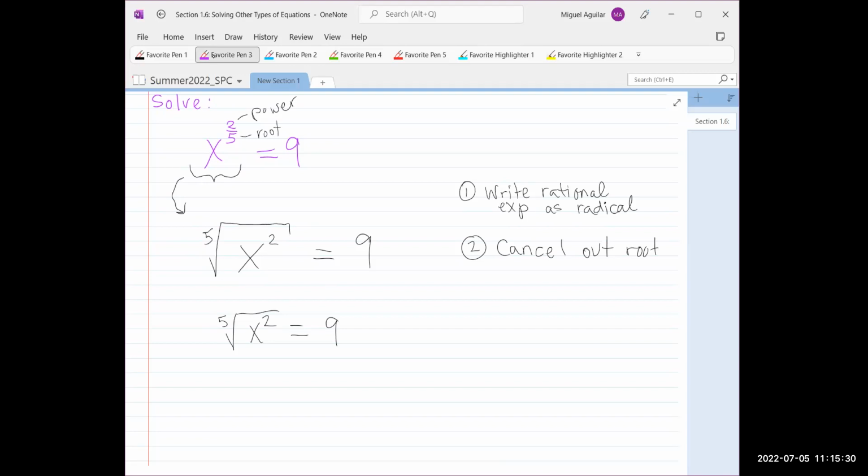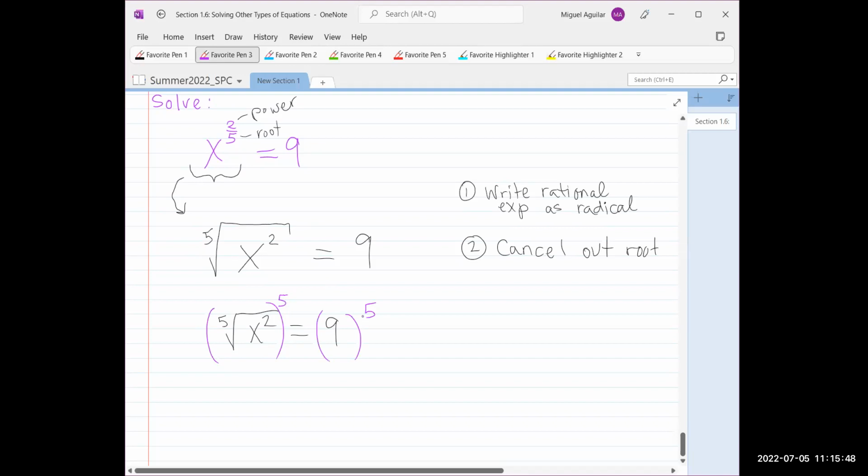Would it be 5? Yeah, right. Roots and powers cancel each other out. So if you have a fifth root, then the fifth power is going to cancel it out. So what I'm going to do is take this expression and raise it to the fifth power. Got to do that with the 9 as well.